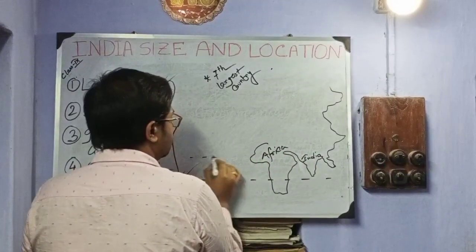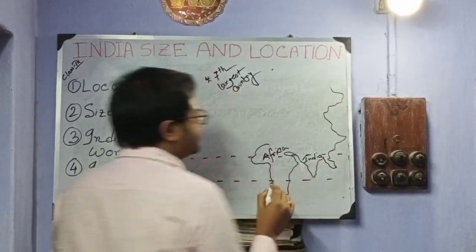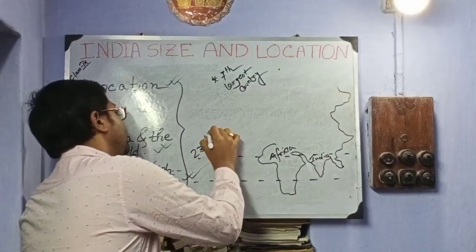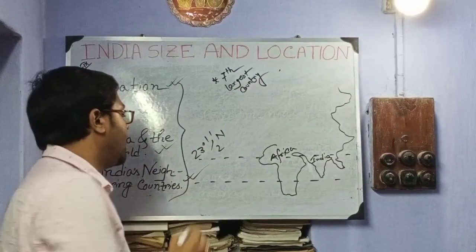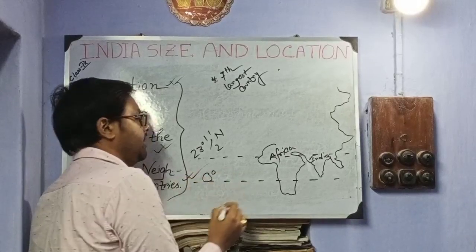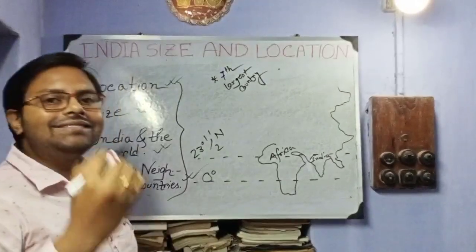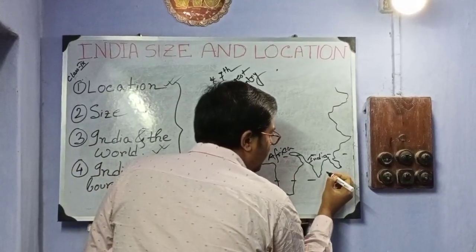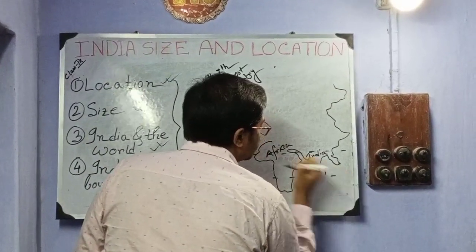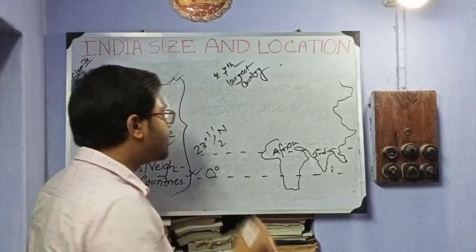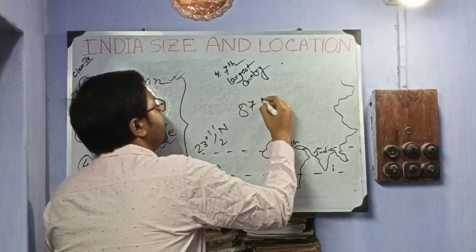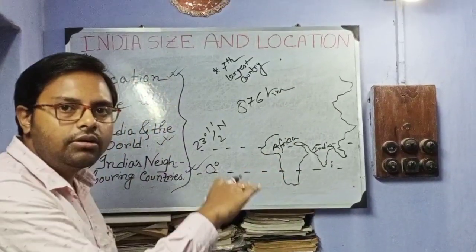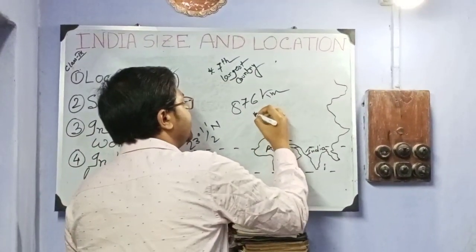passes through here. This is the Tropic of Cancer, 23 and a half degrees north, and this is the equator, 0 degree. India's southernmost point is situated here in Andaman, that is Indira Point, which is near about 876 kilometer from the equator.